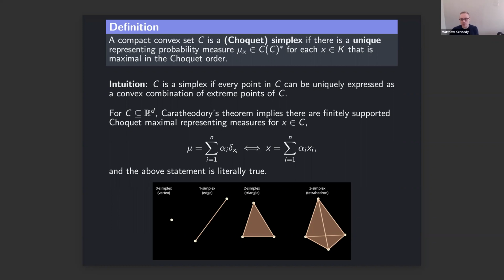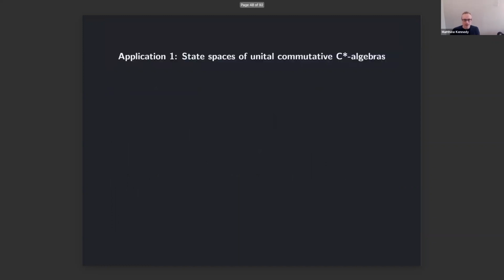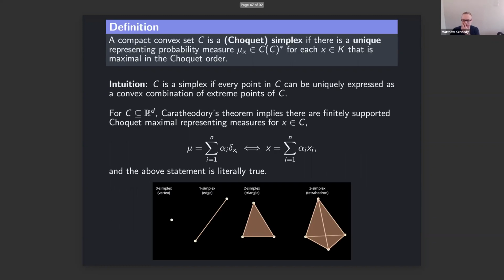And then more generally, there's a 3 simplex, or tetrahedron, and so on. So in infinite dimensions, simplices can be very complicated, but also very interesting. And we think of these as generalized triangles.